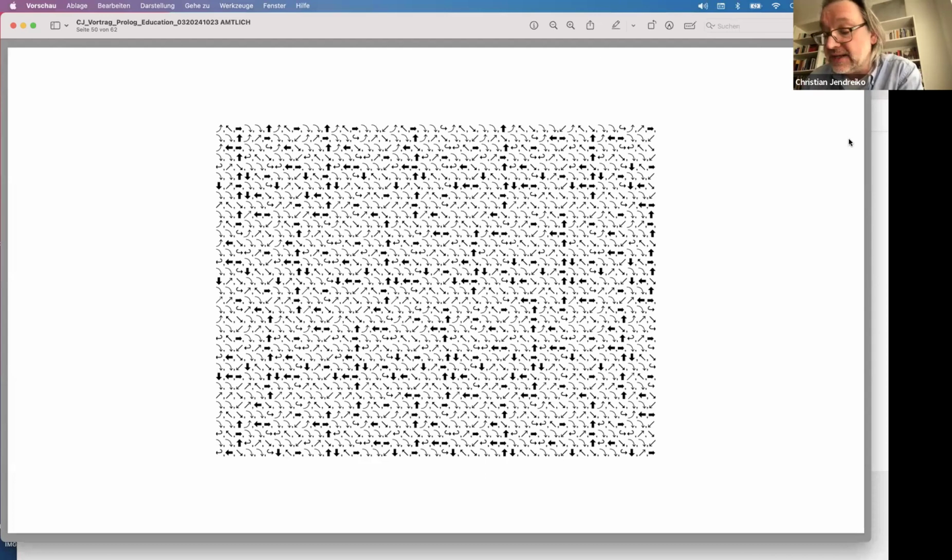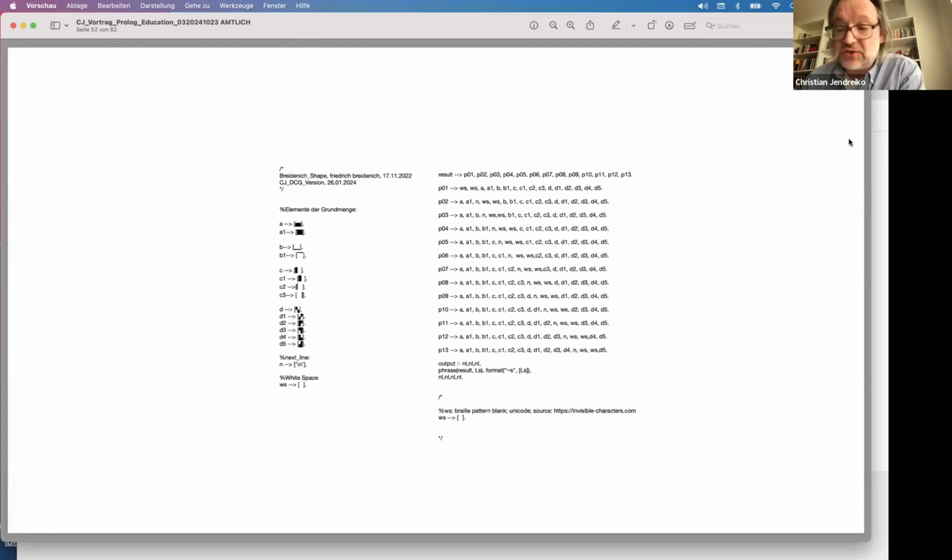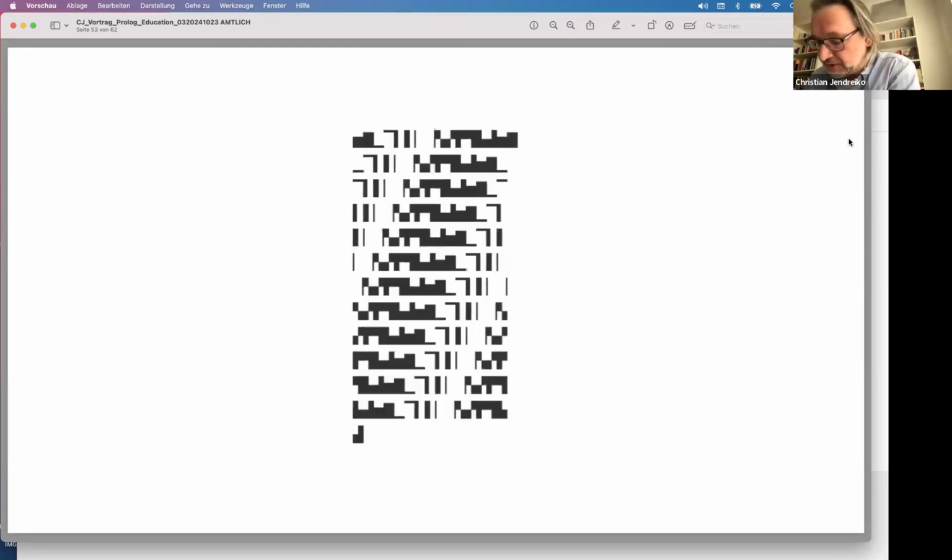Aesthetic patterns of any kind, including sequential image formation. As you can see here, later in the course, we also switch to DCGs. So here you see a DCG version of a code a student has written, and here you see the output. And because the students build their own generative system, the course is about digital empowerment.